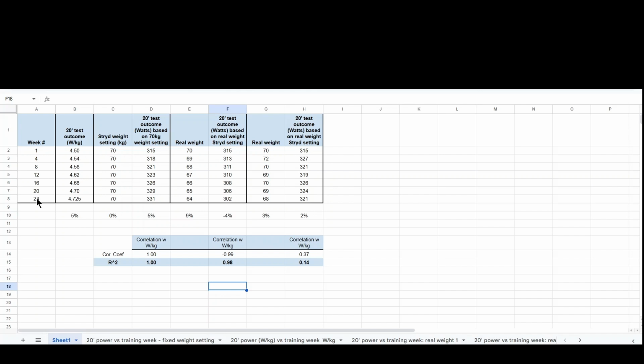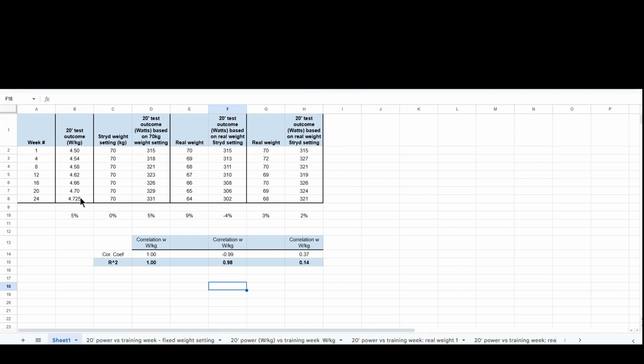The tests were done in the same location, let's say a track, same surface. The athlete wore the same shoes for all the testing, and the pod was the same pod in the same position on the shoe each time. So we're eliminating all those variables in a hypothetical case, and this is what we're getting.